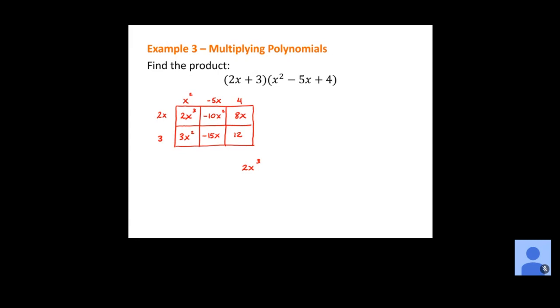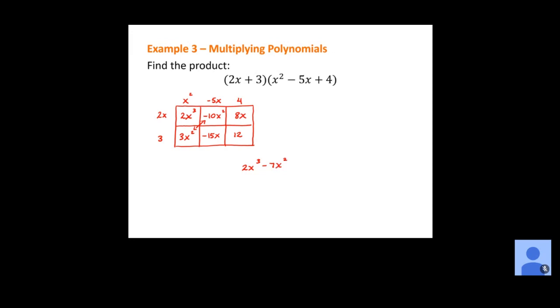Okay, now I'm going to look for my x squared terms. Well, I have a negative 10x squared and I have a positive 3x squared. I can combine those. What's that going to give us if we combine those? Good. Negative 7x squared. So we have a minus 7x squared.